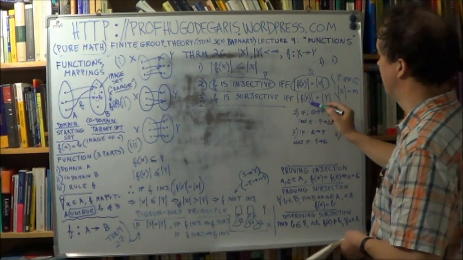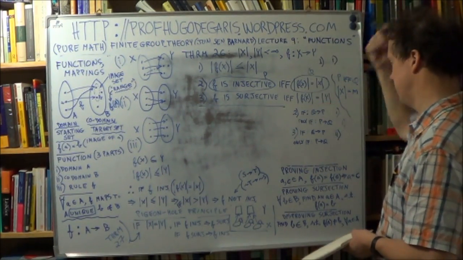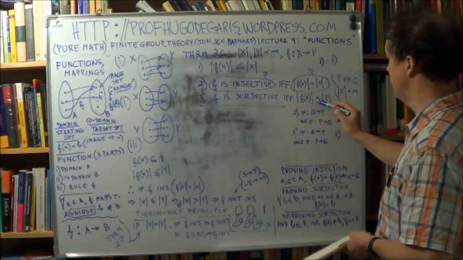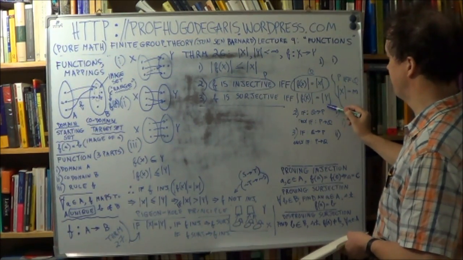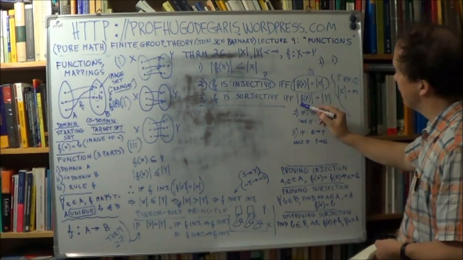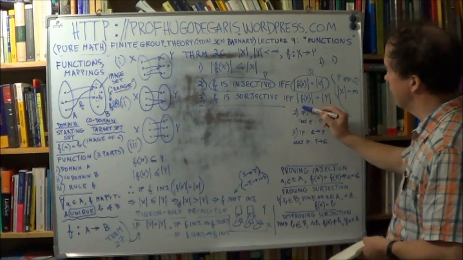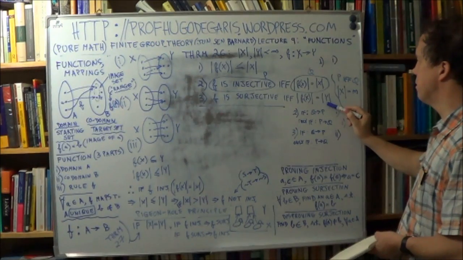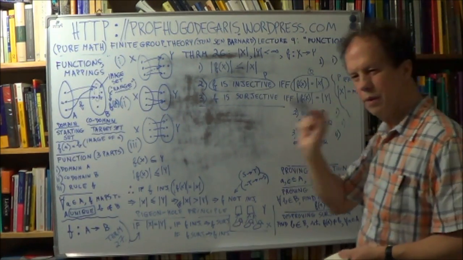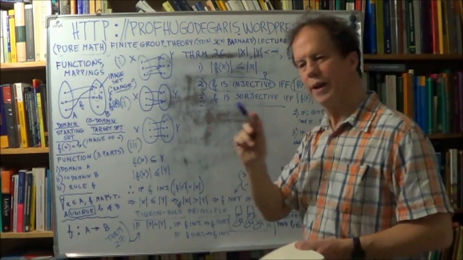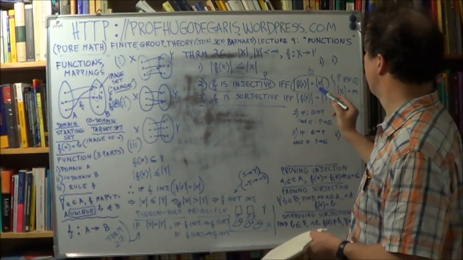What does that mean? The size of your range, the size of your image set, is equal to the size of your target set. Think about that. What does that imply? What can you deduce from that?